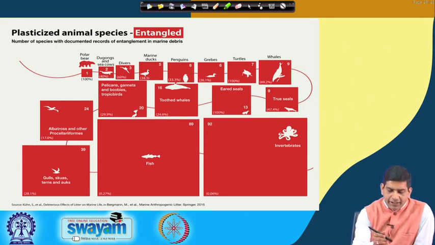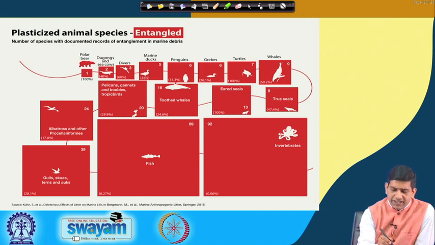They had nearly 40% for dugongs and sea cows, 60% for the divers, nearly 39% for marine ducks, 33% for penguins.